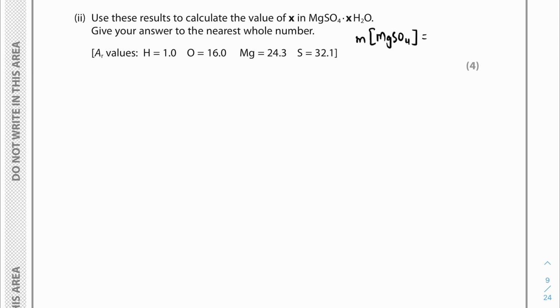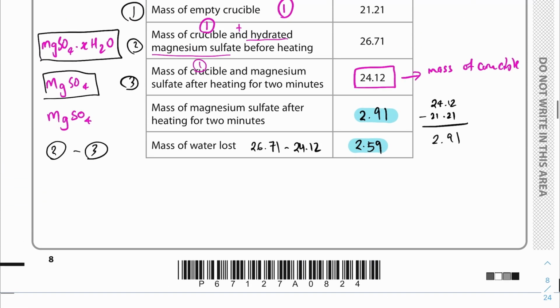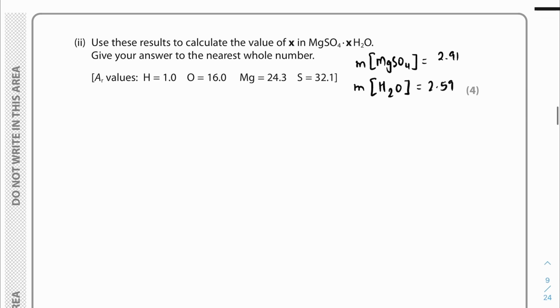We know it's 2.91. What else do we know? We also know the mass of H2O that's lost, which is 2.59 from above. So 2.91 and 2.59.